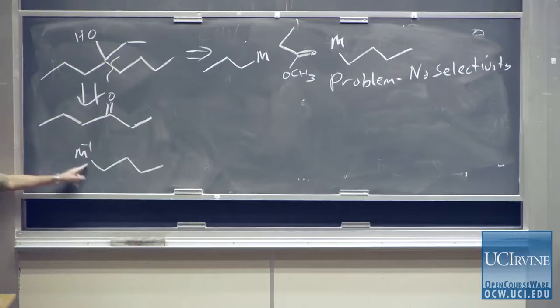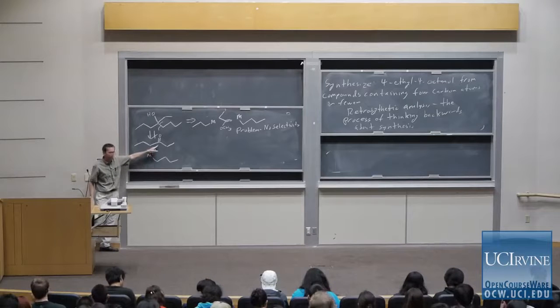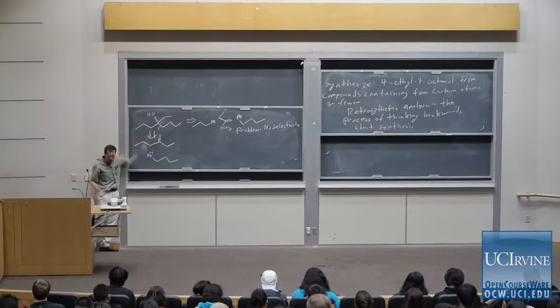And that would work. I could add butyl lithium or butyl magnesium bromide to 2-hexanone, and that would be okay to make that alcohol.